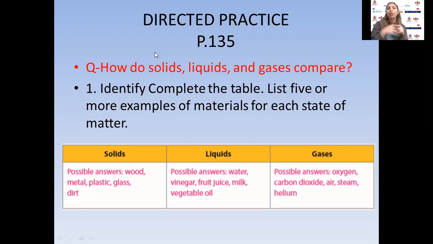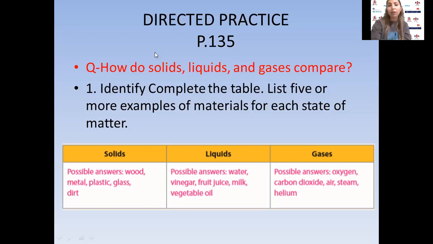While liquid particles can move from one place to another, so we can pour liquids or juice from one container to another. While the particles in gas can spread out and move very quickly, so we couldn't touch the gas. So it's one way to compare between them.